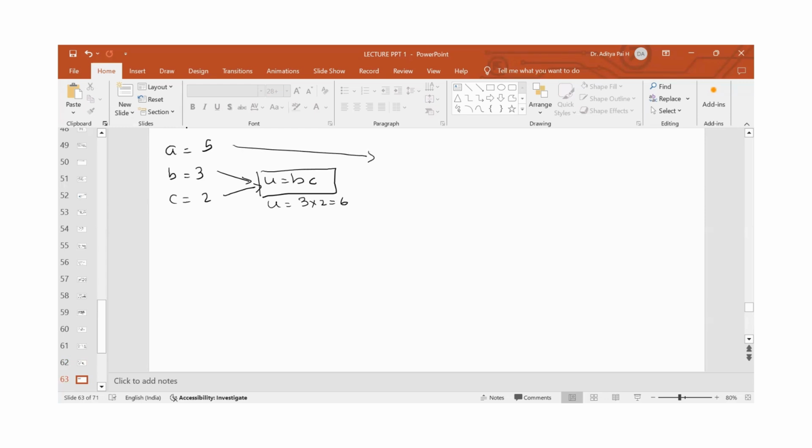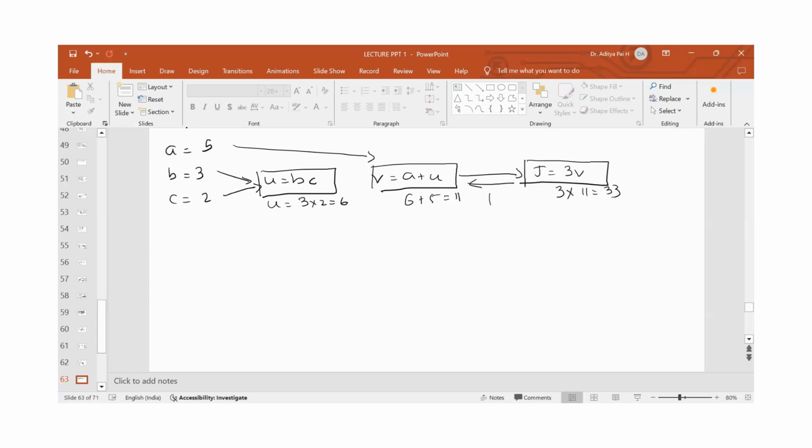This A is given to V, that's A plus U, which is 6 plus 5 equal to 11. This value is given as input to 3V, which is nothing but J. That's 3 into 11, which is 33.